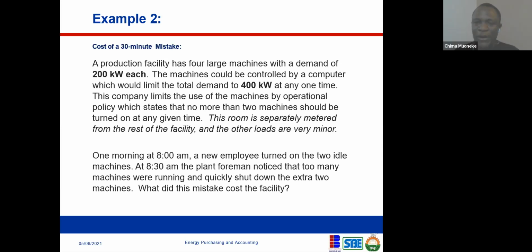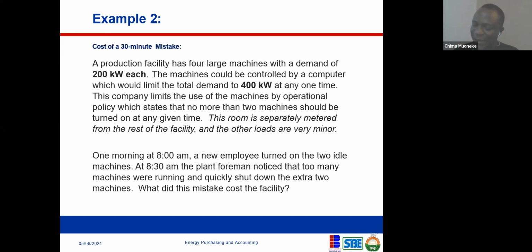Now, there are different charges that this guy has introduced by running these machines for 30 minutes. Let us calculate the extra energy charge that he has incurred for this company. The two machines altogether are 400 kilowatts, 200 for each of them. Is that clear?